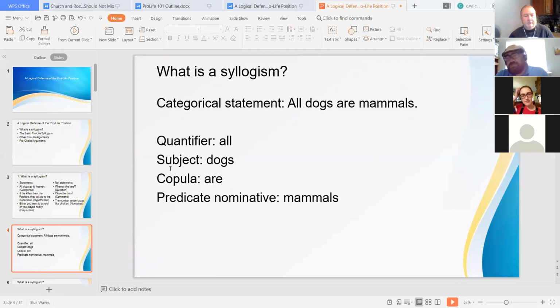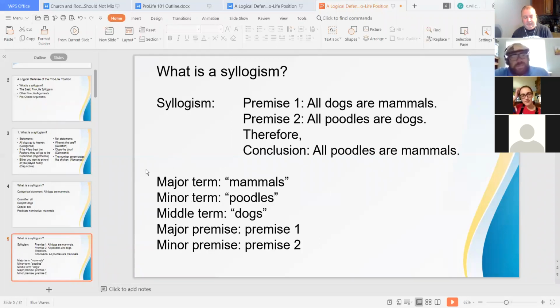So a categorical statement would not say all dogs are mammalian. They would say all dogs are mammals, because we want that predicate to be in the form of a noun. The reason why is not really relevant to this talk, but it's because you can actually switch the subject and predicate. So you want both to be in the form of a noun. But again, that's a topic for a different day.